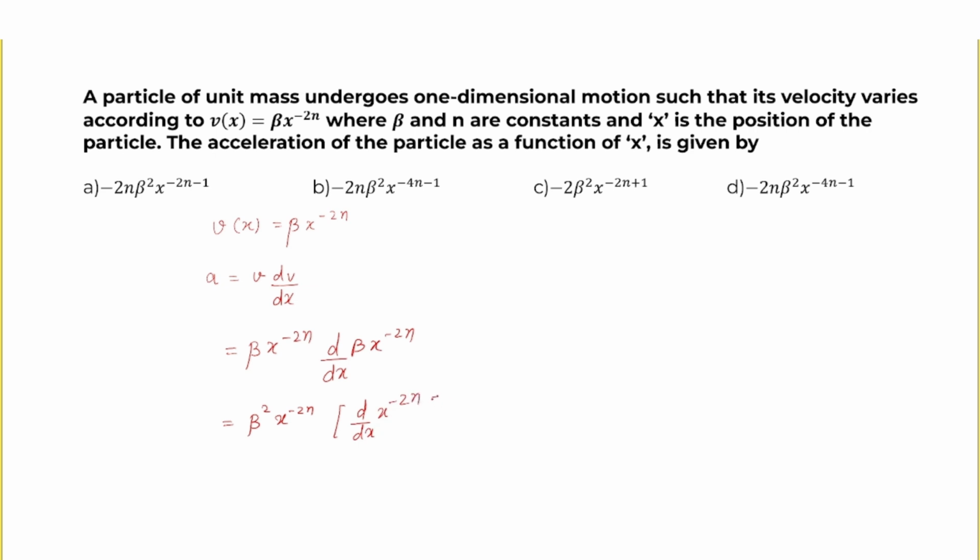Now the differentiation of x to the power minus 2n gives us minus 2n x to the power minus 2n minus 1. Clear? Now minus 2n we can take in the front. So this will be minus 2n beta square, and x to the power minus 2n and x to the power minus 2n minus 1. So we can make it 2n and 2n minus 4n minus 1. So the correct result here is option B.